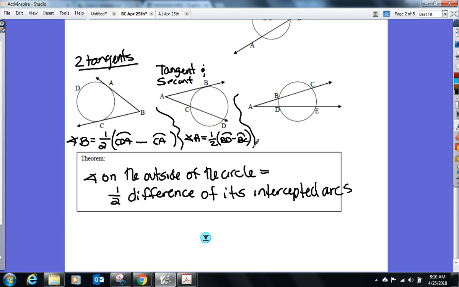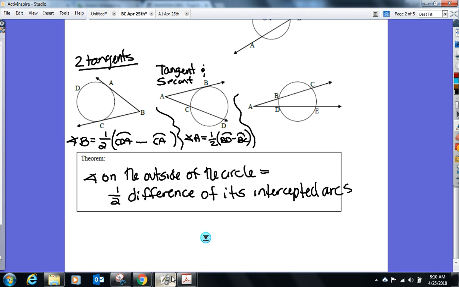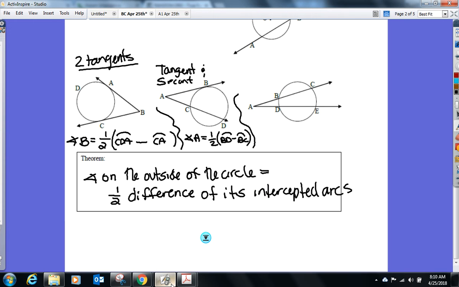Has the rule changed at all? Even though these two angles are formed in two different ways, has the rule changed? Absolutely not. As long as it's on the outside, we're going to do half the difference. How is angle A formed in the third diagram? What do I have going on here? Two secants.